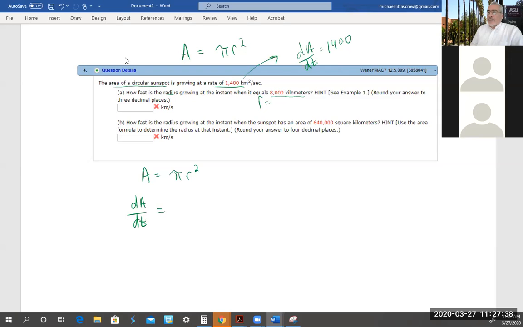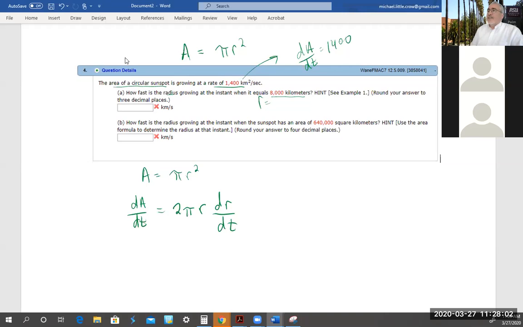Pi is a constant. When we take the derivative of R squared, the 2 comes down, so we get 2 pi, subtract 1 from the exponent, so 2 minus 1 is 1, and then we take the derivative of R with respect to t. So this will be the formula we start with.